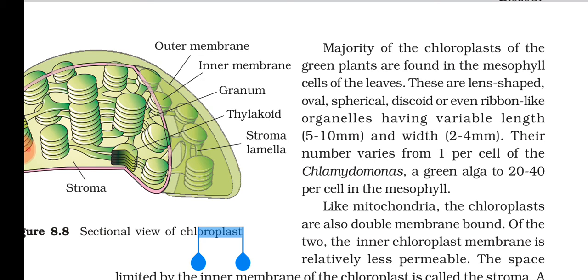Some of them are oval, spherical, discoid, ribbon shaped. Likewise, the shape of the chloroplast varies in different organisms. And the number also varies. For example, in Chlamydomonas, only one chloroplast will be there per cell. But in some green algae, it can be 20 to 40.